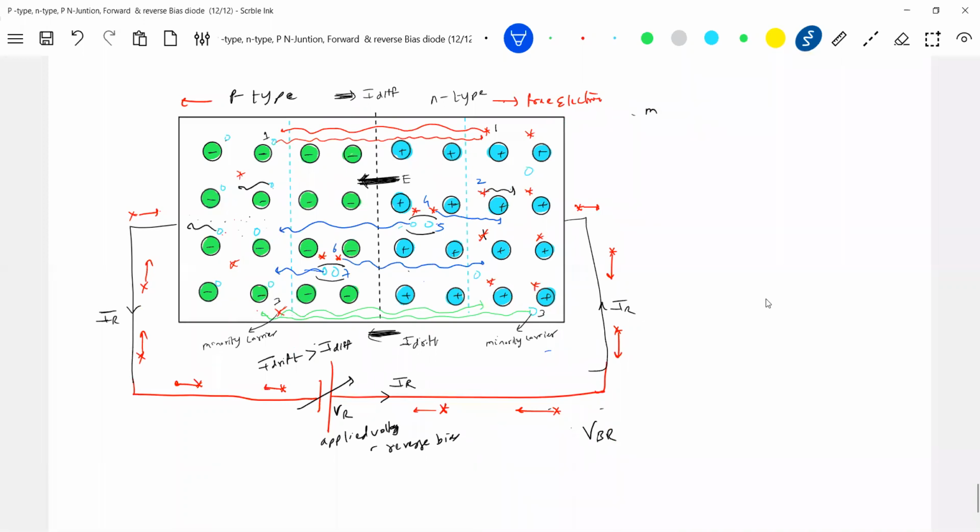As I increase the reverse bias, the width of depletion increases. As the width of depletion increases, more covalent bonds will break up. As the covalent bonds break up, the electric field will increase. Now the electrostatic field is so high that it will make the charges accelerate.